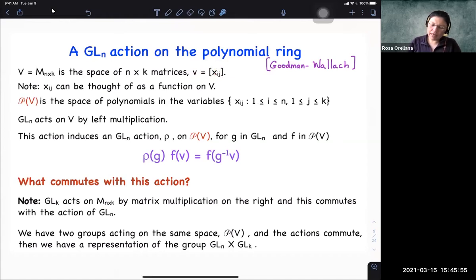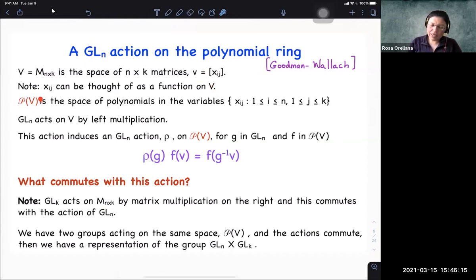If you give me a matrix in GLN, I can multiply on the left and get some different looking entries. So I can think of the entries as functions on the vector space when I act with my GLN.